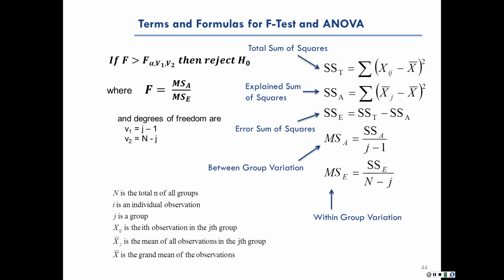That explained sum of squares goes into the numerator of the between group variation formula. In the denominator of that is simply J minus 1, the number of groups minus 1.